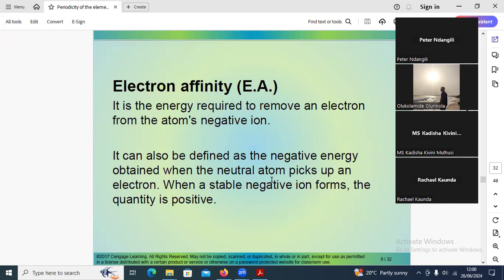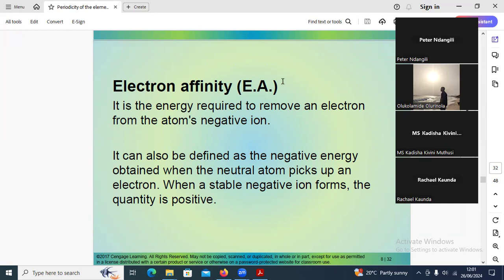So we have said that it is the energy required to remove an electron from an atom's negative ion. You see, both expressions are true.